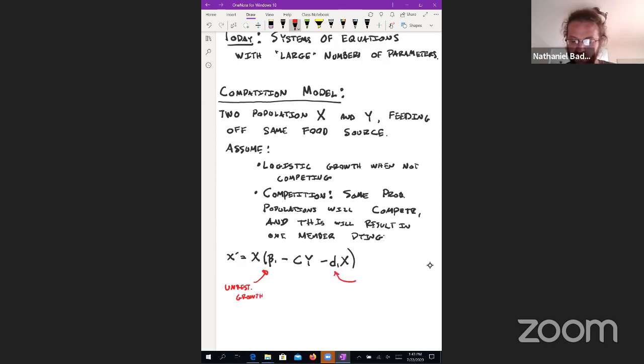D is 1 over the carrying capacity. And C is the competition term. Okay, any questions?